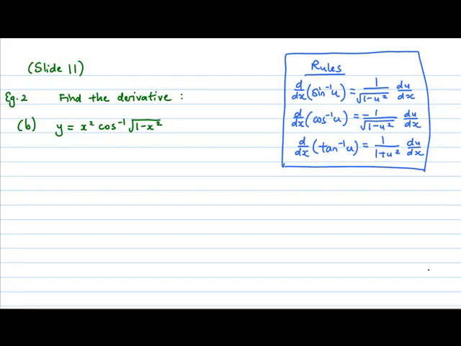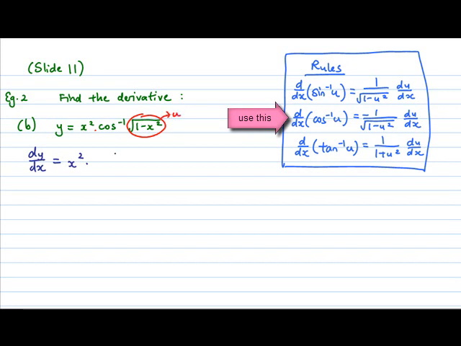The next example on slide 11, part B, is slightly tougher because there is a product rule here. So we have to now consider keep and differentiate, then differentiate and keep. So let's start. Let's first keep x squared and differentiate cosine inverse of square root of 1 minus x squared. This is equivalent to the u.